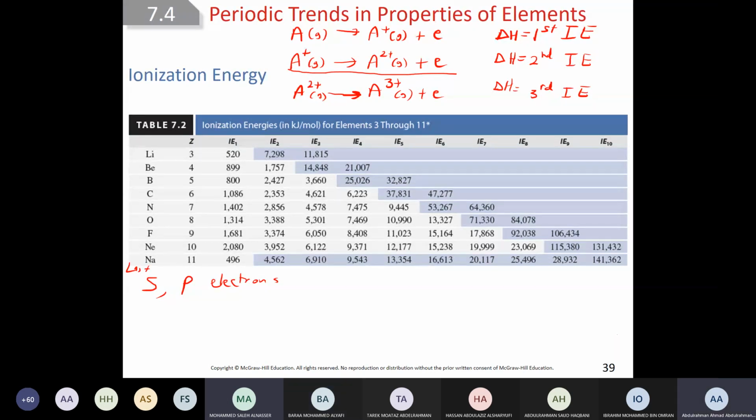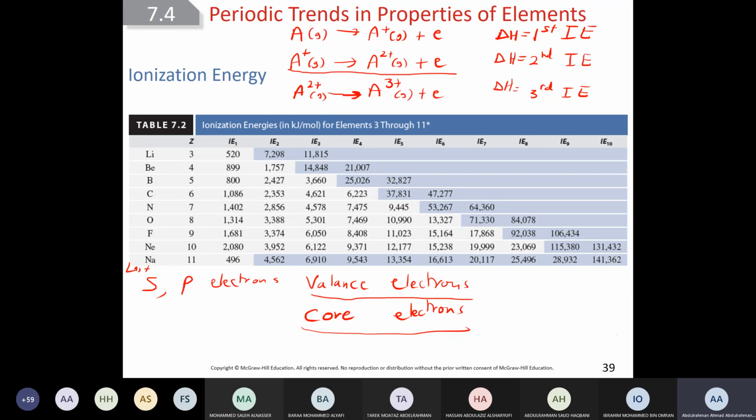The rest of the electrons are called core electrons. You have to memorize these names. Valence electrons are the last s and p electrons.